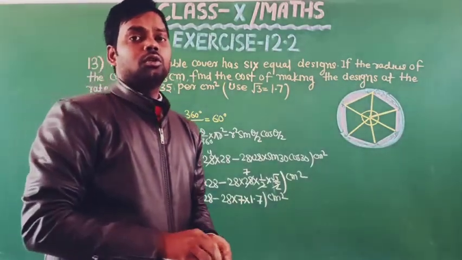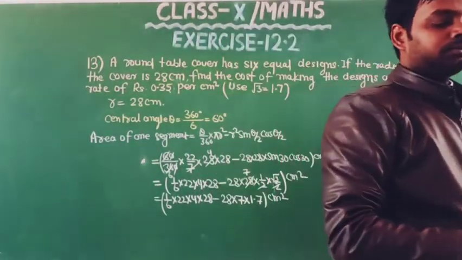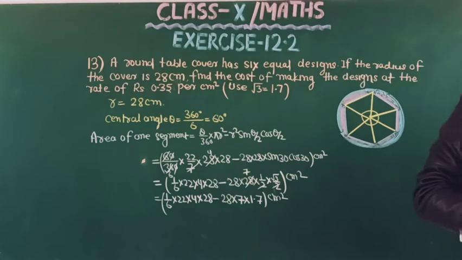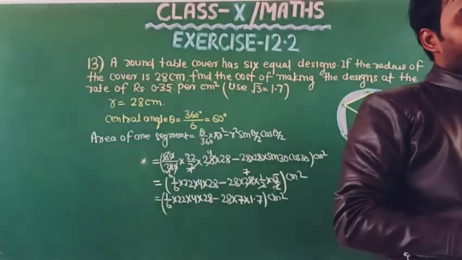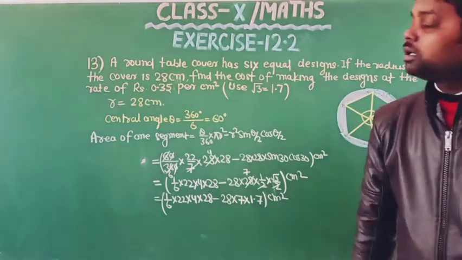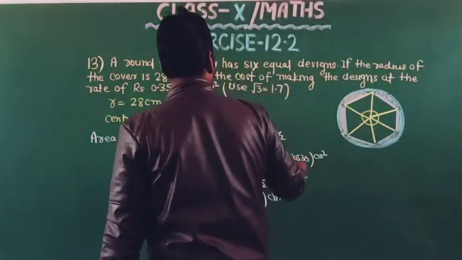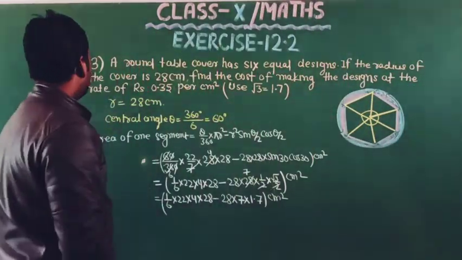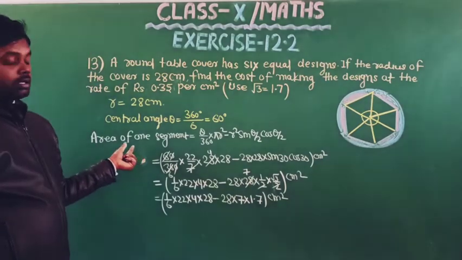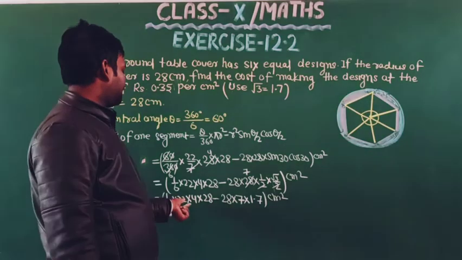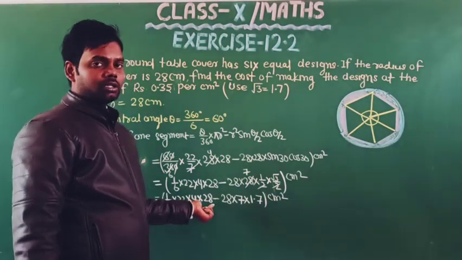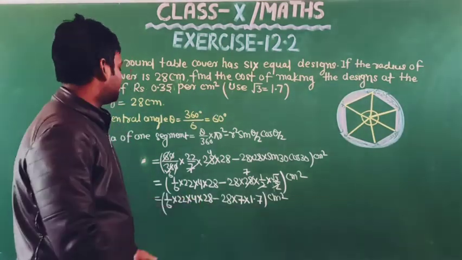Therefore, this is the area of one segment, and now to find the area of 6 segments we need to multiply this expression by 6.